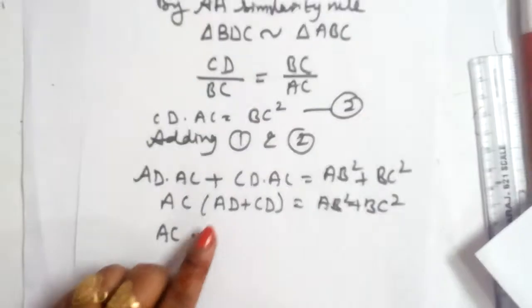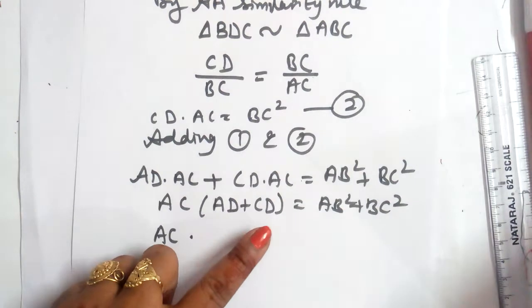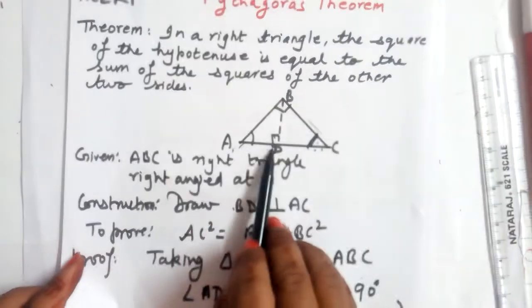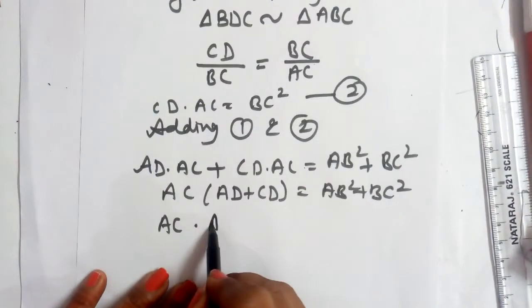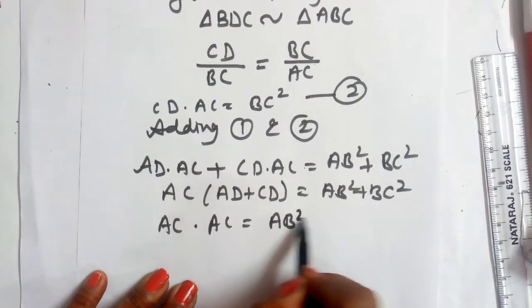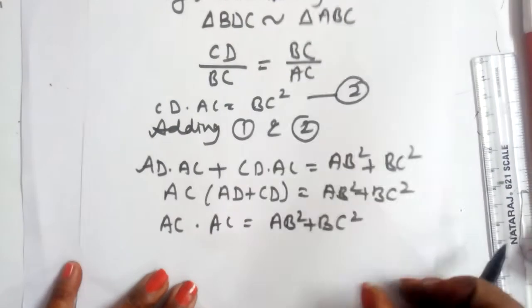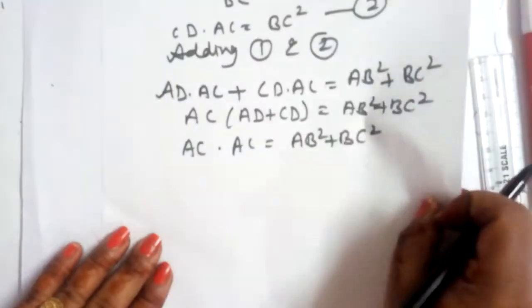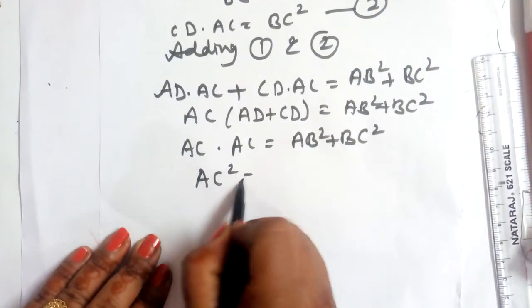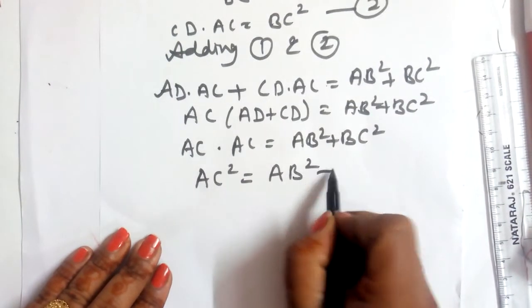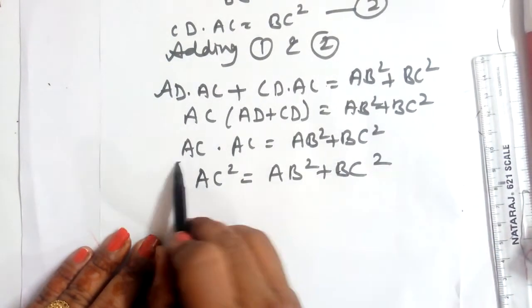You can see here again AD plus CD, so AD plus CD is equal to AC. Yes, so we can write here AC into AC, that is AC square, is equal to AB square plus BC square, that is required.